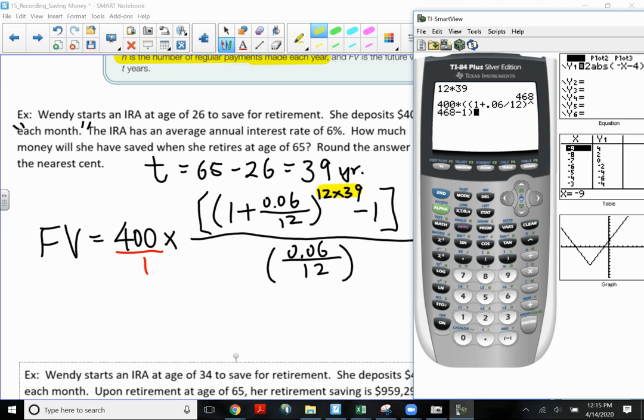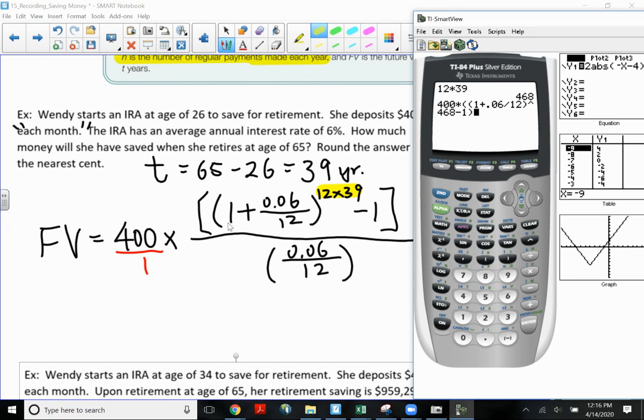All right, so let's look at what I just keyed in. According to the order of operations, it will do what's inside the innermost parenthesis first. So the 0.06 will be divided by 12 first, then plus 1. And then outside the inner parenthesis, there's an exponent, so it will raise to the 468, which is what I want.